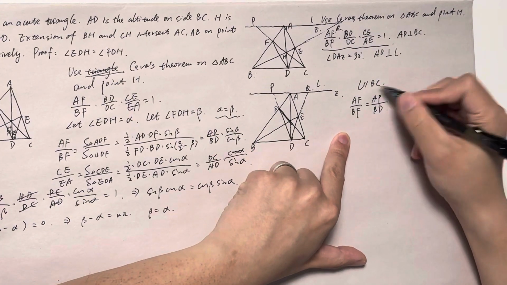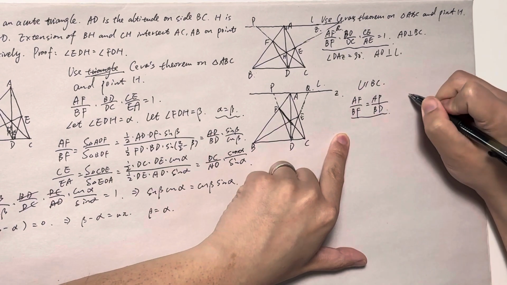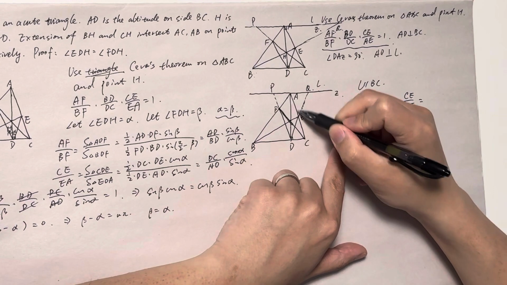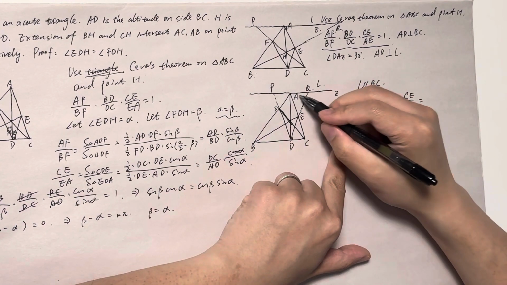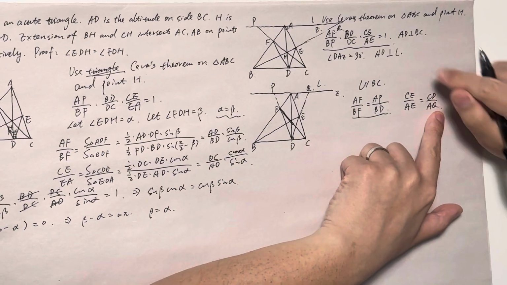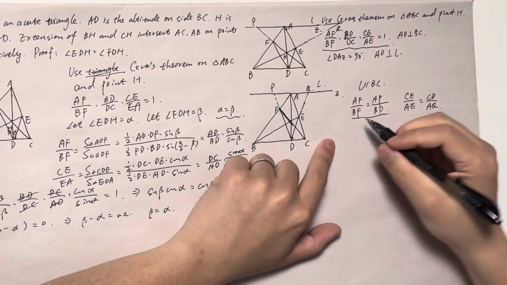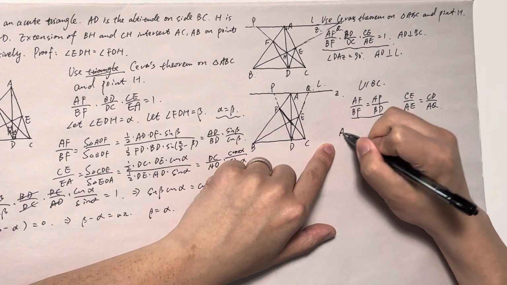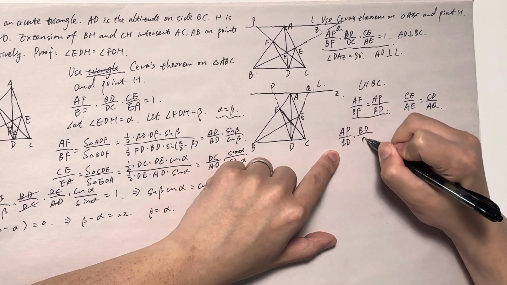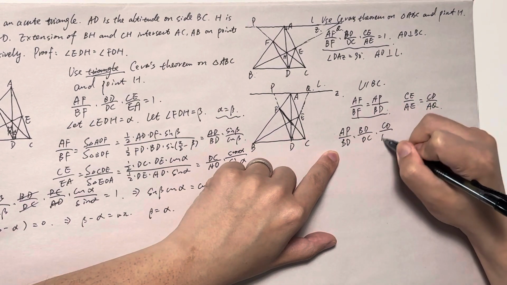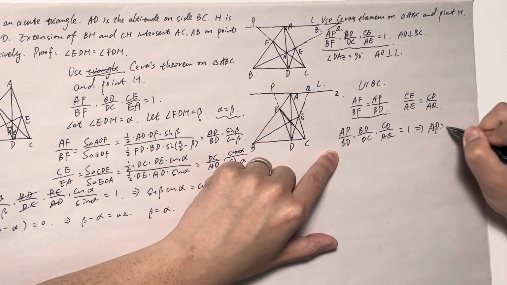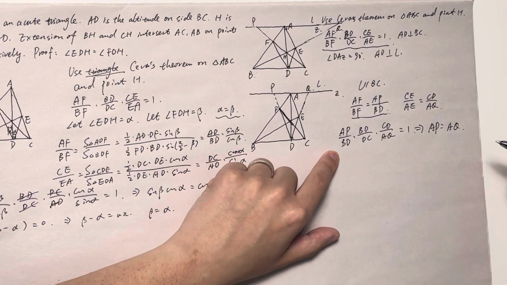And we also have CE to AE equals CD to AQ. We have CD here. That can cancel the CD. So we multiply them together, we got AP divided by BD times BD divided by DC times CD divided by AQ equals 1, which means AP equals AQ, right?